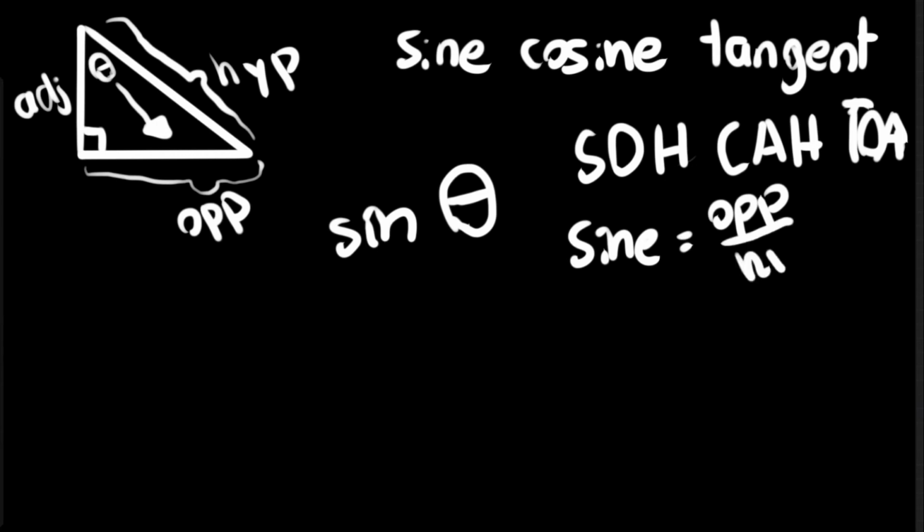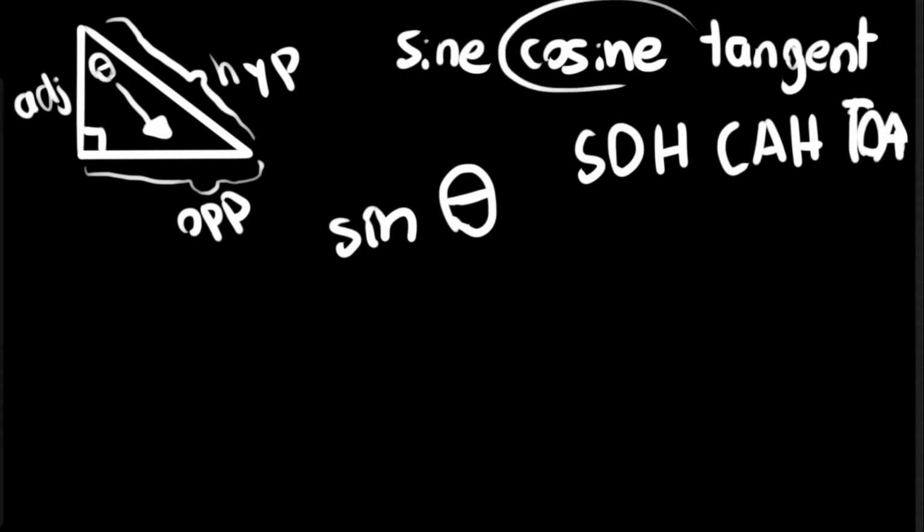Now if we define cosine, we can look at this CAH, and we know it's adjacent over hypotenuse. And then we can do the same thing for TOA. So using that, the sine of theta would be, in relation to theta, the reference angle, the opposite over the hypotenuse.